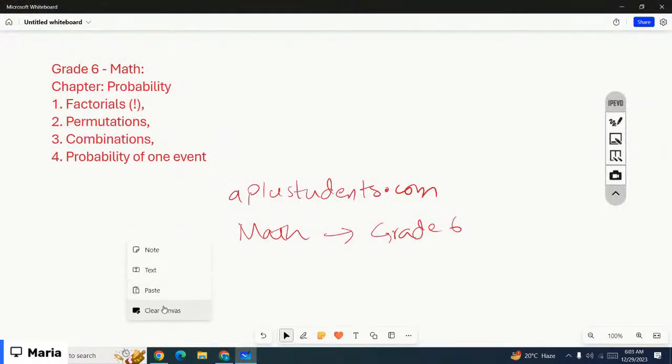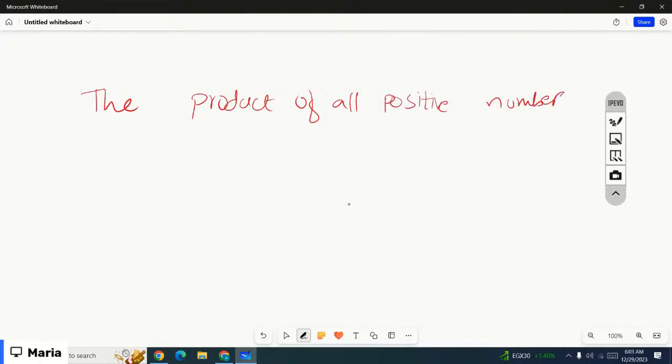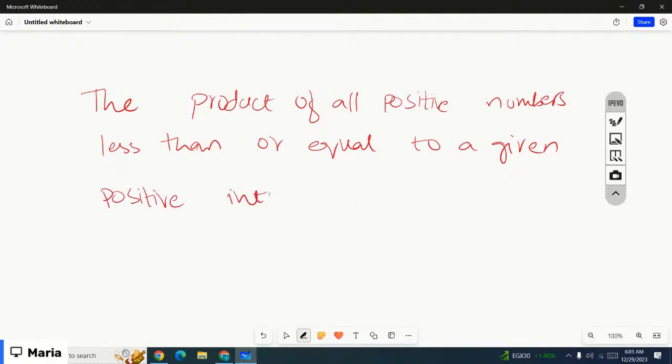I'm going to write down the definition on the board. The product of all positive integers less than or equal to a given positive integer, and denoted by that integer and an exclamation mark.